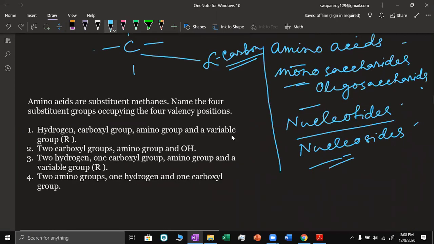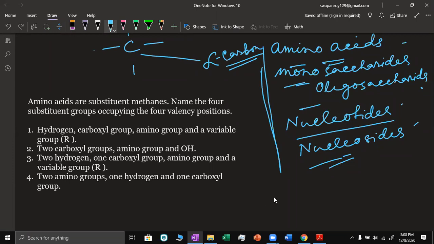Next question, on the structure of the amino acid. Amino acids are substituted methane. Name the four substituent groups occupying the four valency positions.